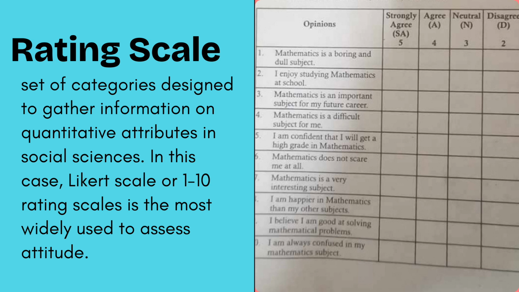Third, the scale may include intermediate options like agree, neutral, and disagree. And last, responses on a Likert scale are assigned numerical values. Example, 1 for strongly disagree, 2 for disagree, 3 for neutral, 4 for agree, and 5 for strongly agree.